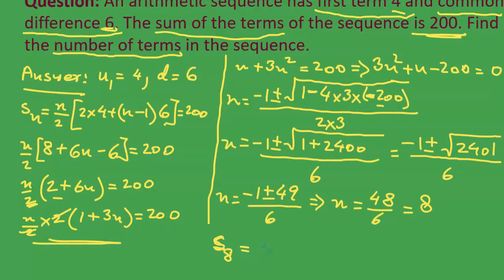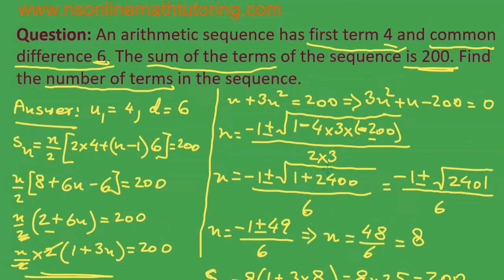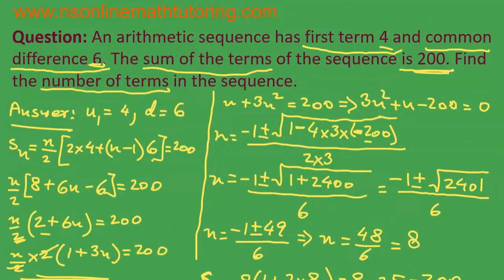So, n in this case is equal to 8, and 1 plus 3 times 8: 3 times 8 is 24, 24 plus 1 is 25, and 8 times 25 is equal to 200. So, we have verified our answer and we see there are indeed 8 terms. Therefore, we write our answer.